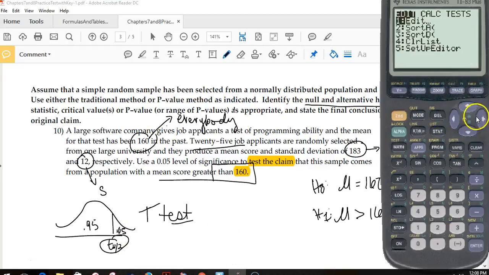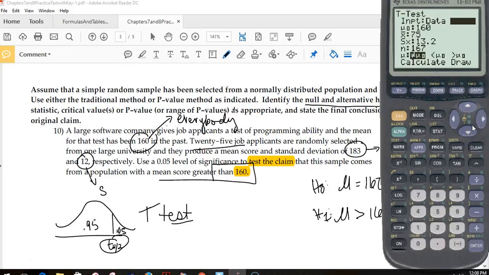We're going to go stat over to test, T-Test. I have the stats. In the mu naught goes whatever value is in your H naught, which is 160. X bar is 183. S is 12.